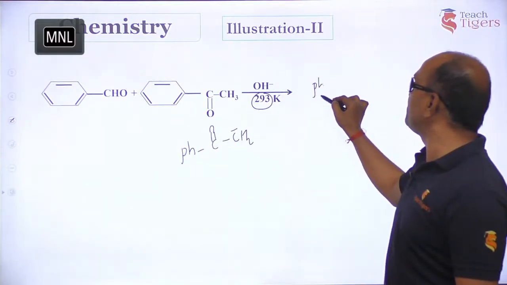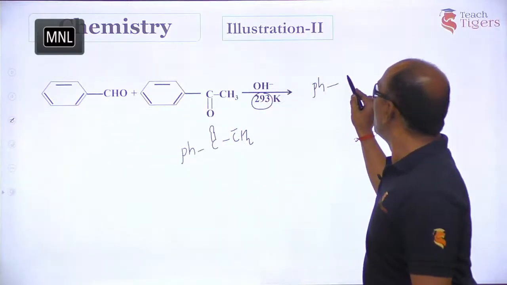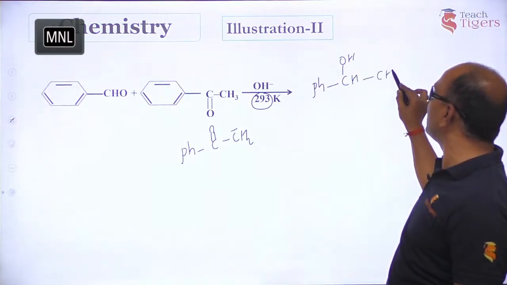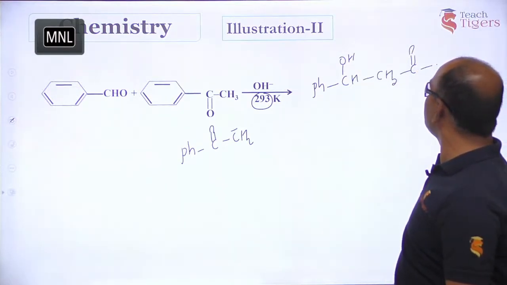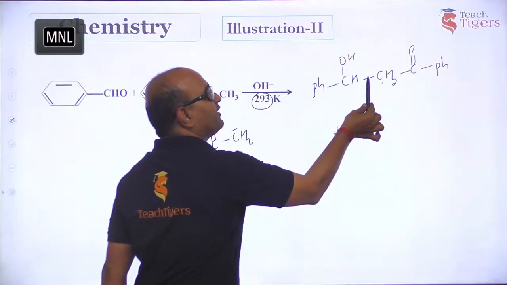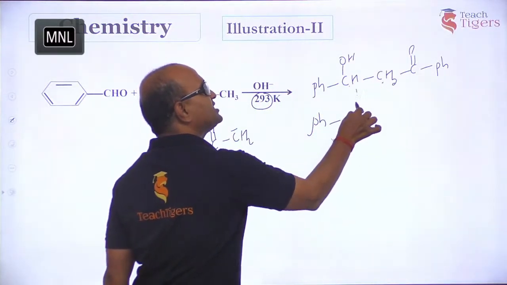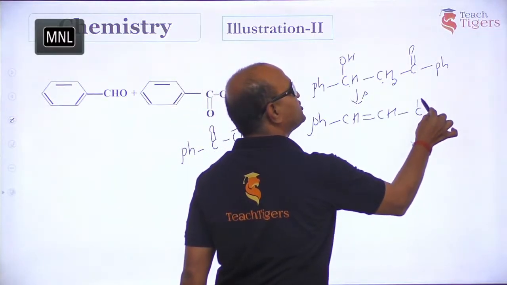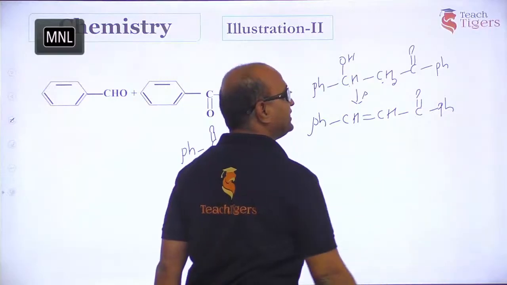So you would be getting this group, O minus, which combines with water, and you would be getting this. Can you see that this is a beta hydroxy? This is alpha, this is beta. When you heat this, it readily forms an alpha beta unsaturated aldehyde.